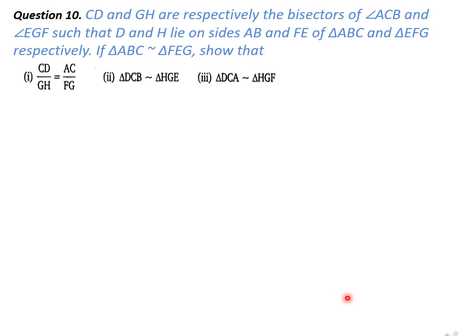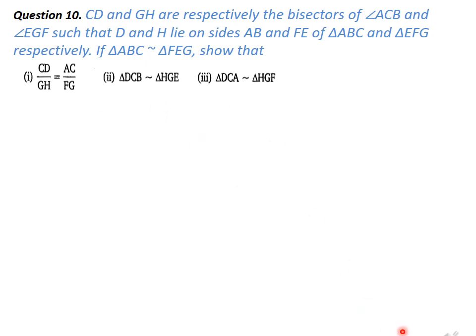CD and GH are respectively the bisectors of angle ACB and angle EGF such that D and H lie on the sides AB and FE of triangle ABC and triangle EFG respectively. If triangle ABC and triangle FEG are similar, we have to show the following.